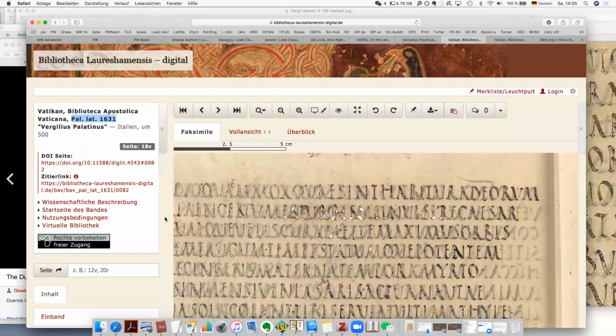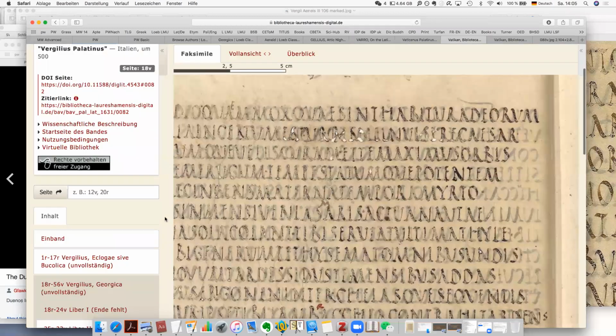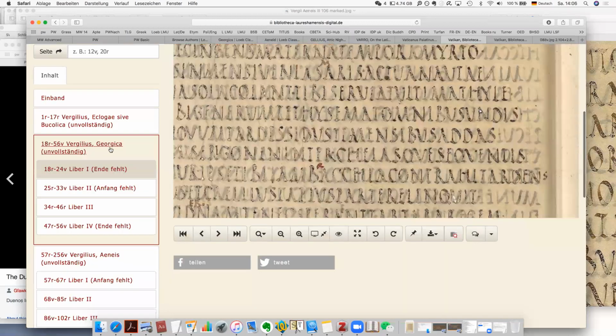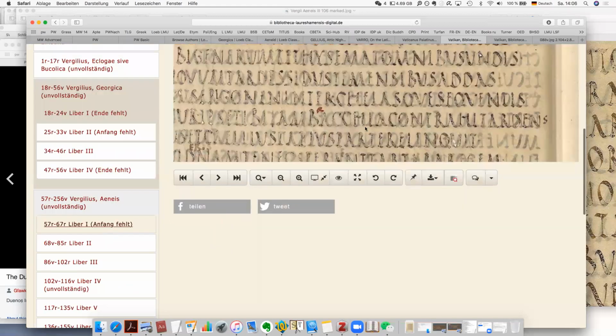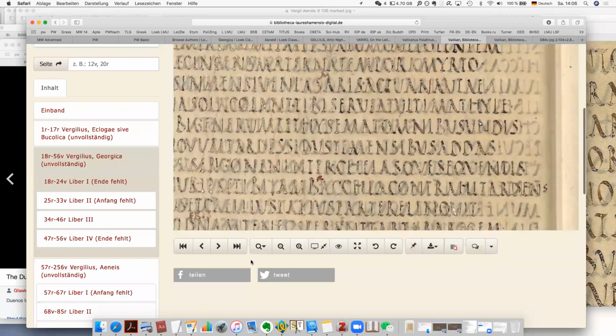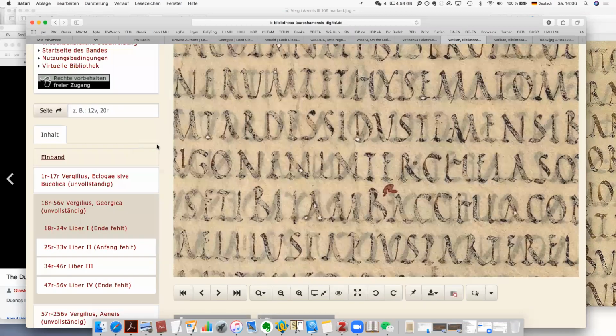And then this is actually very great, and you have the content here. Like this is their Georgics, and then this is the Aeneid. So you click it, and then we'll jump to the place. So also, another point: this manuscript is pretty early. Check it, it's in 500.